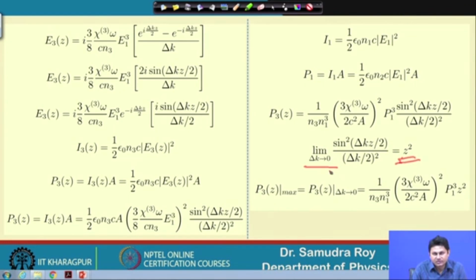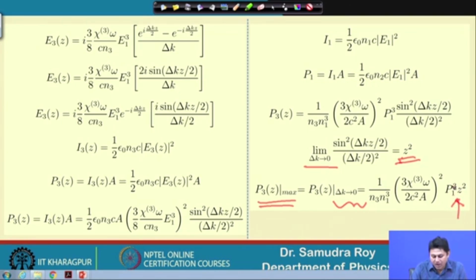So, delta k tends to 0 is nothing but the phase matching condition. That means the maximum power that one can have is P3 max with the condition that phase matching is there, that means delta k tends to 0, and if we look carefully there are a few terms there, but the dependency is z square, which is important.